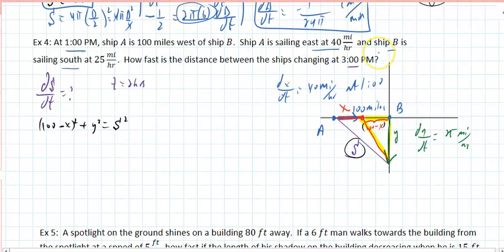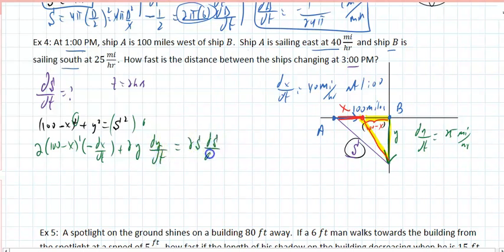And there's a shortcut to do these problems I'm going to show you really quick. That's okay. So if I take a derivative with respect to t, bring the power down, 2 times (100 minus x) times negative dx dt plus 2y dy dt equals 2s ds dt.